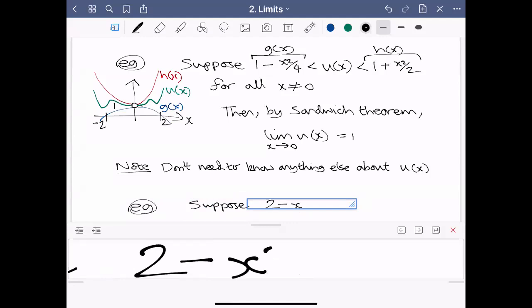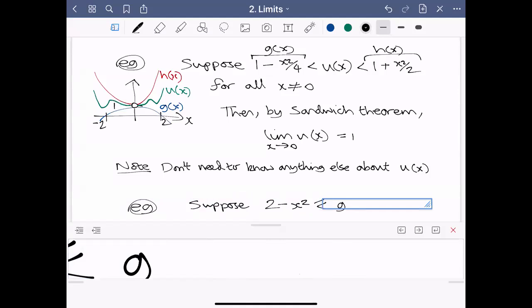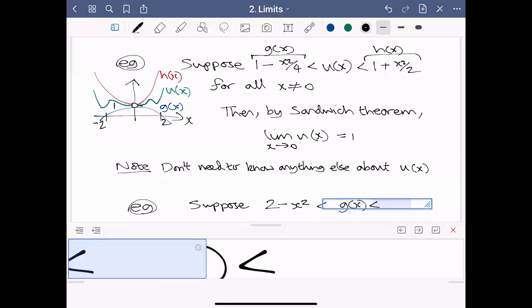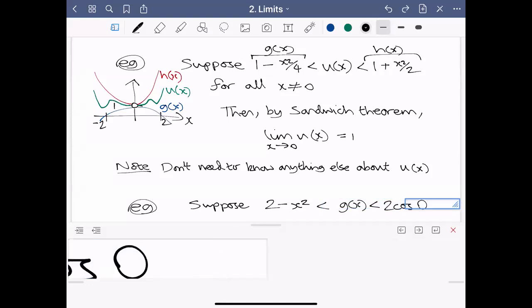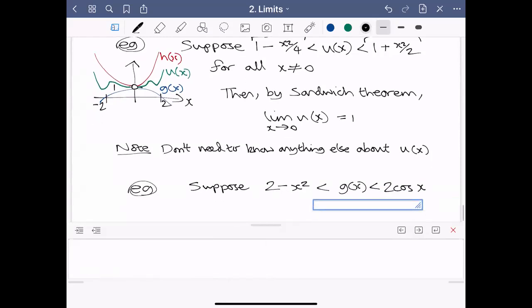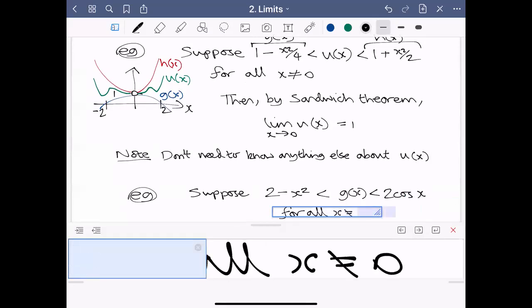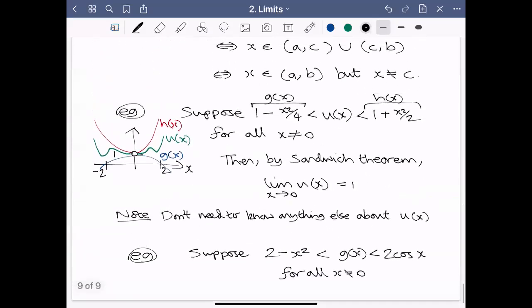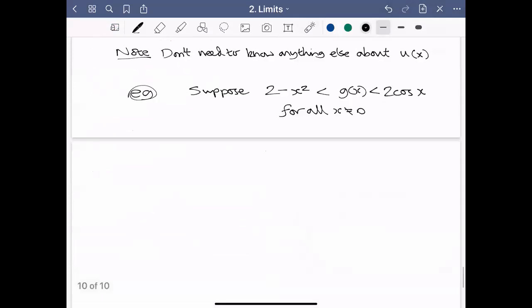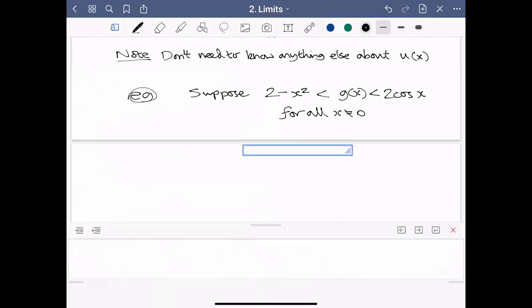Suppose 2 minus x squared is less than g(x), which is less than 2 cos x, for all x not equal to 0. So again, let's make the graph.